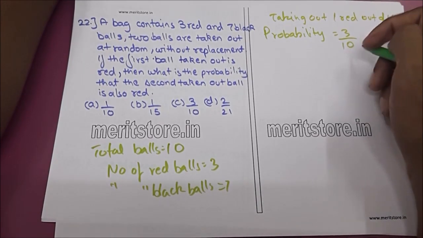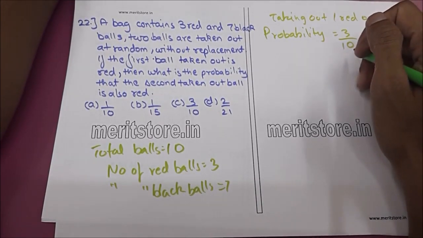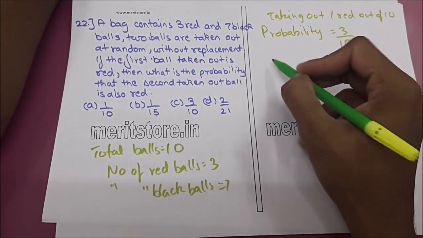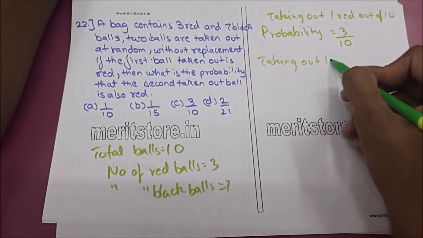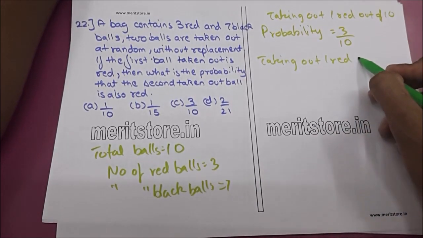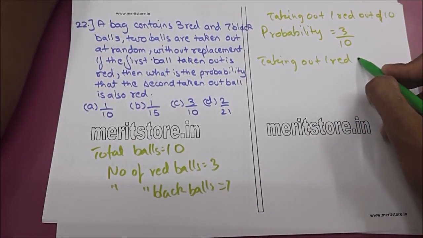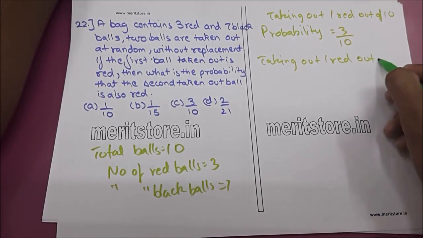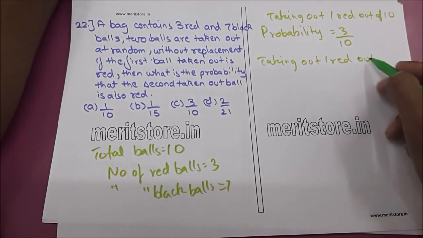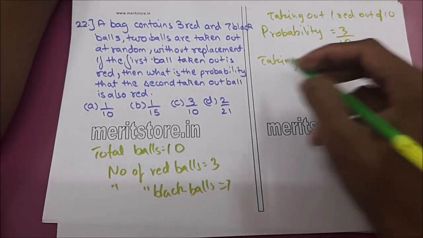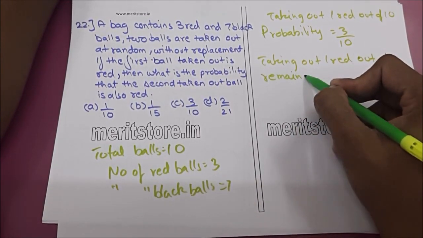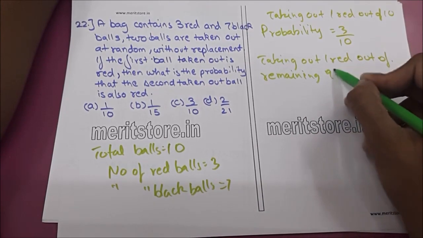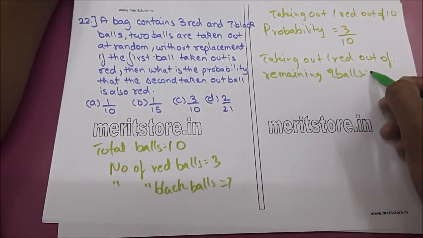So the probability of taking out one red ball out of remaining 9 balls is equal to 2 by 9.